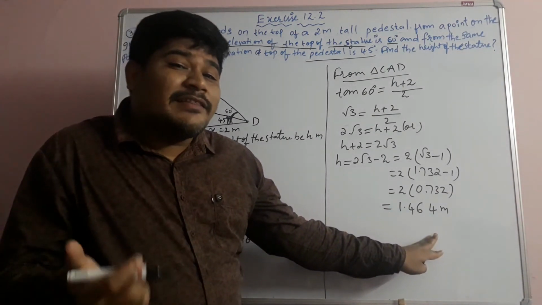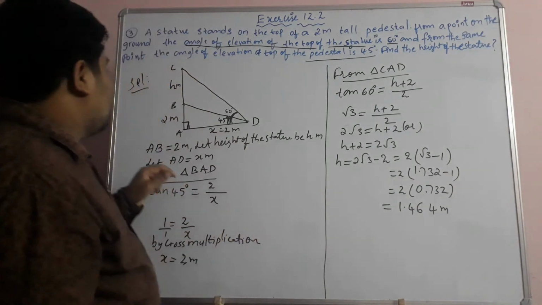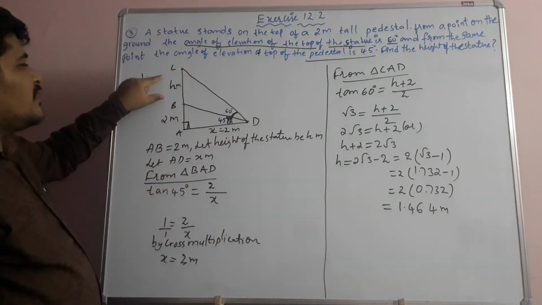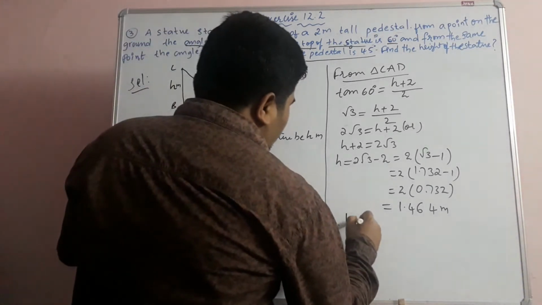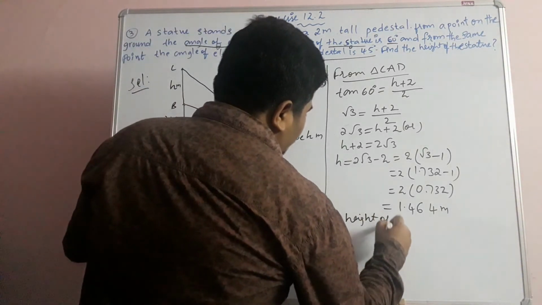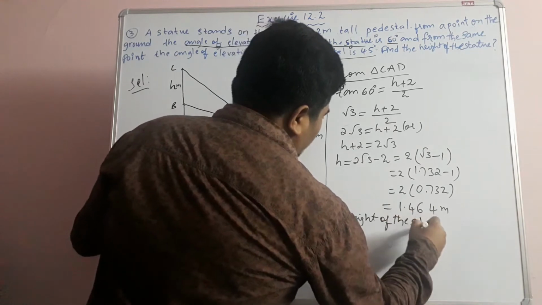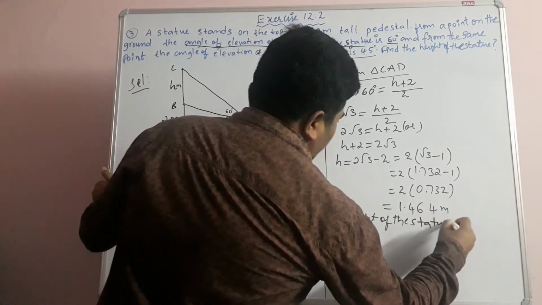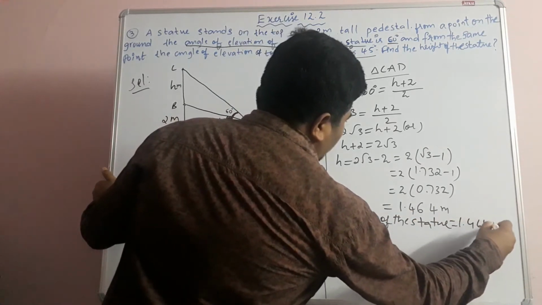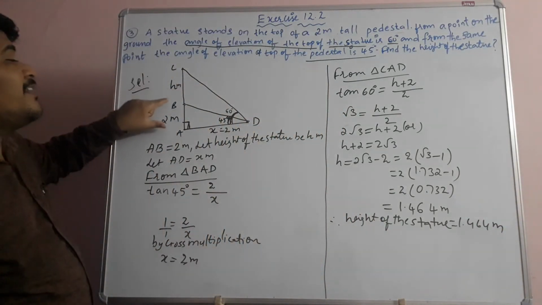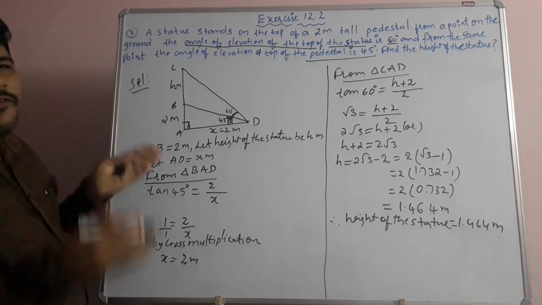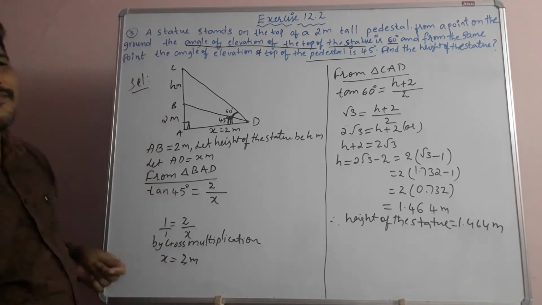H is nothing but the height of the statue. Therefore, the height of the statue is equal to 1.464 meters. And children, the height of the statue is smaller than the height of the pedestal. Statue is small, pedestal is big.